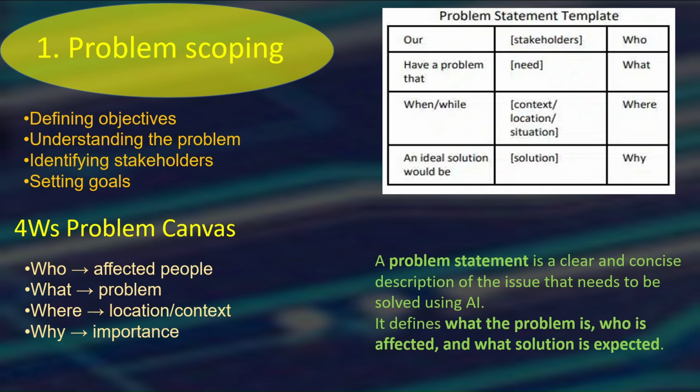Suppose we are in stage 4 and we forgot, we want to see the basics again to be very sure, to be very clear. So we come to the problem statement template, which is a small table in which we have included all the information in a concise and clear description, so that we can come again and see it. It defines what the problem is, who is affected, and what the solution is. See, what, who, where, and why we use it here.